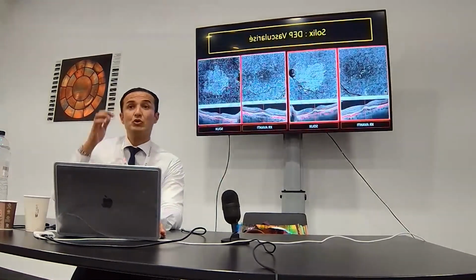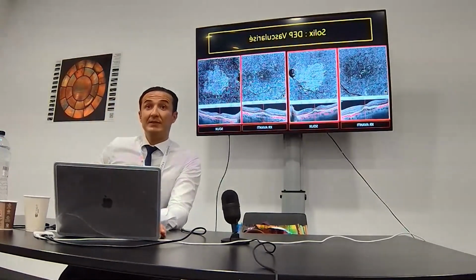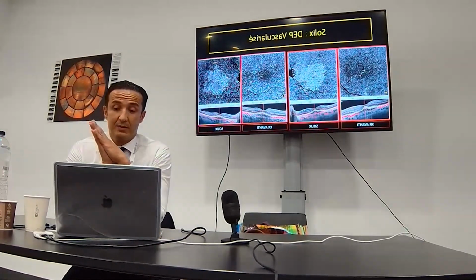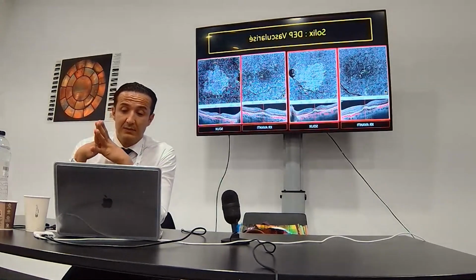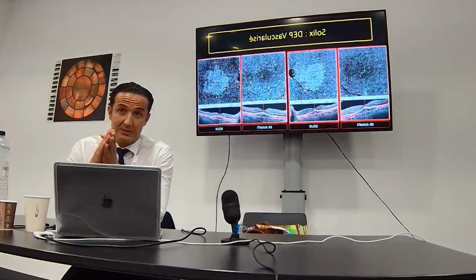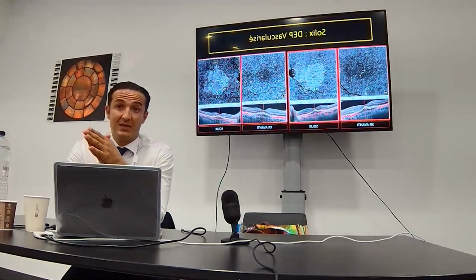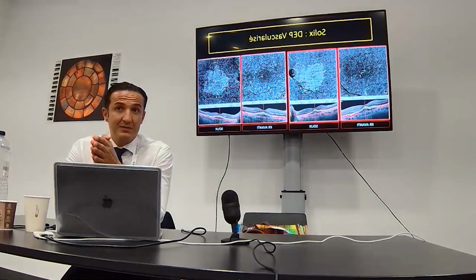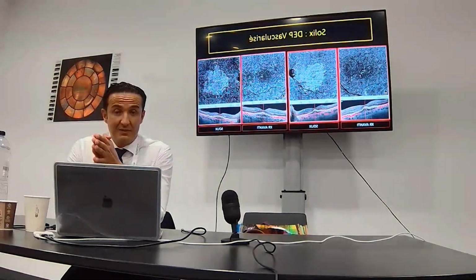We can compare two generations of OCT. Look, in this case of vascular PED with XR Advantage, and compare to the Solix. And look at the difference of the segmentation. Now we can identify the CNV within the PED.